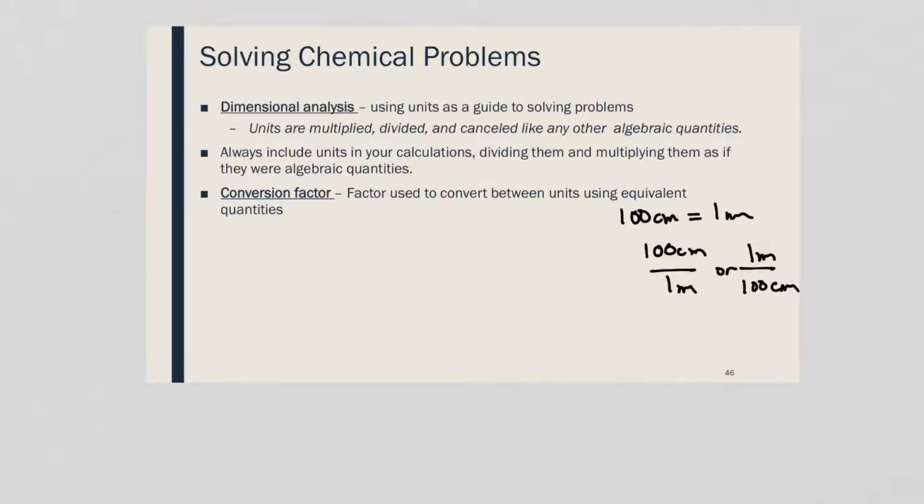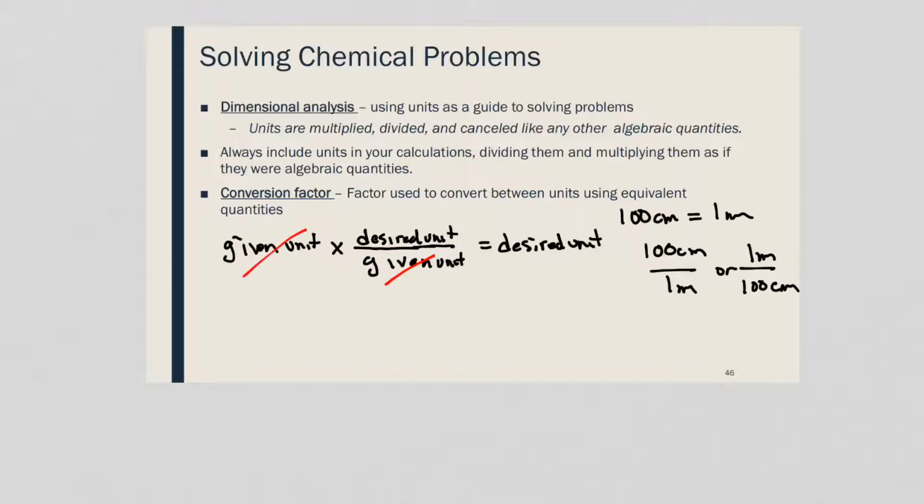So if we follow the pattern that if we start with a given unit, we set this up, and so we multiply, and we always have the desired unit on top divided by the given unit, and then that will give us the desired unit, whereas the given unit will cancel out.